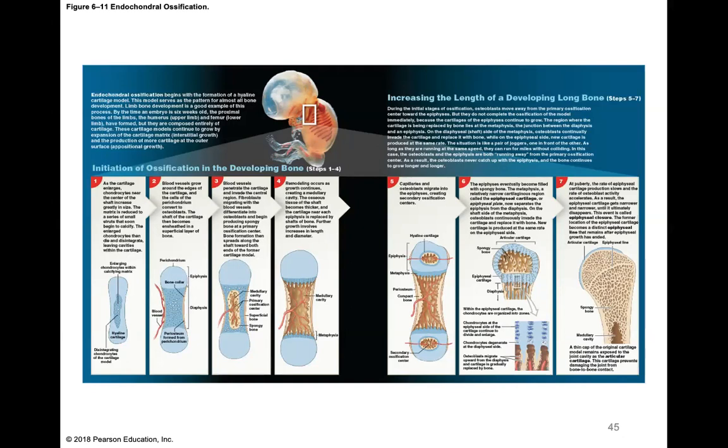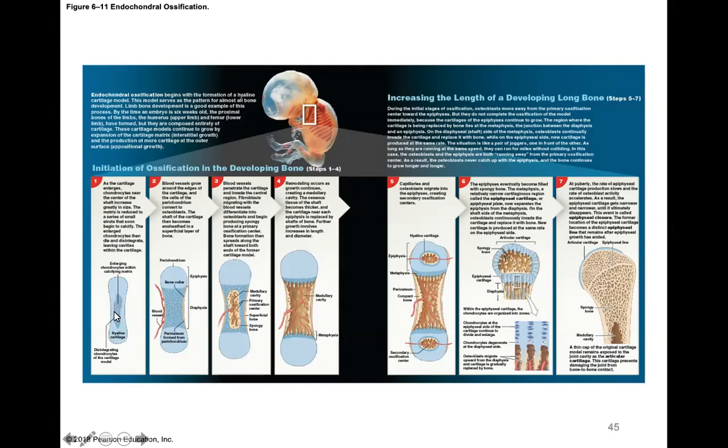But looking at these 7 steps, as the cartilage enlarges, what's going to happen is you're going to develop, within the cartilage model here, an ossification center.